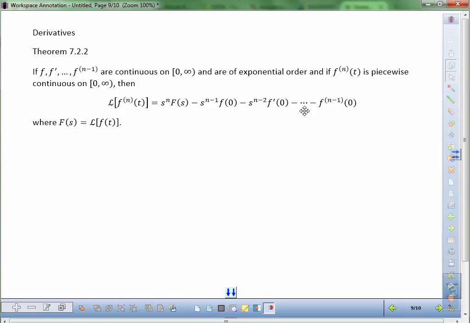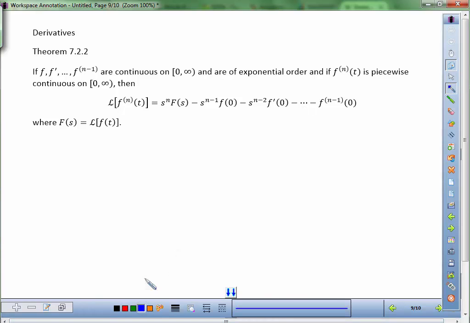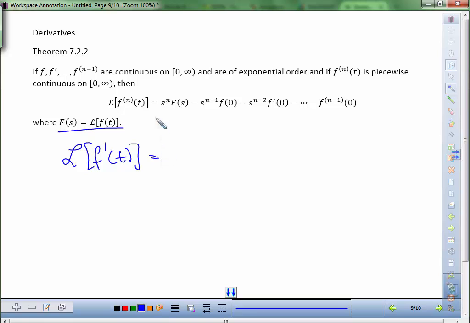Okay. So let's see if we can actually simplify this in terms of things that we would actually be able to deal with. So we know that the Laplace transform of little f of t is equal to capital F of s. So let's see if we can find the Laplace transform of the first derivative by using this complicated looking definition. So n in this case is what? 1.